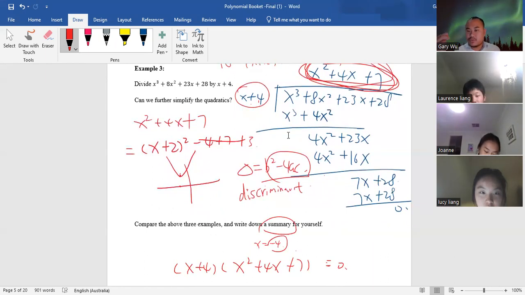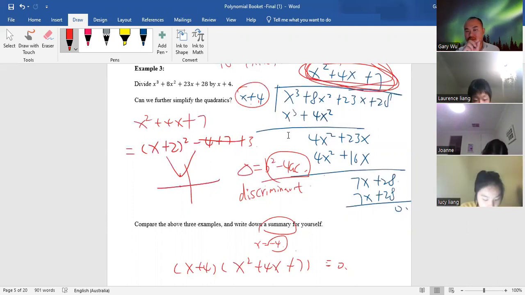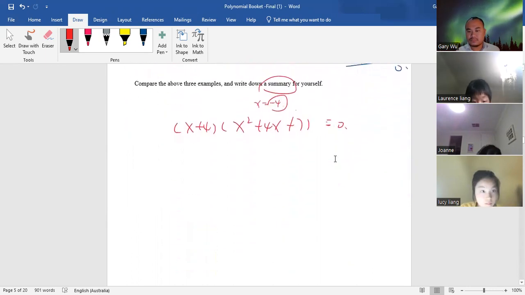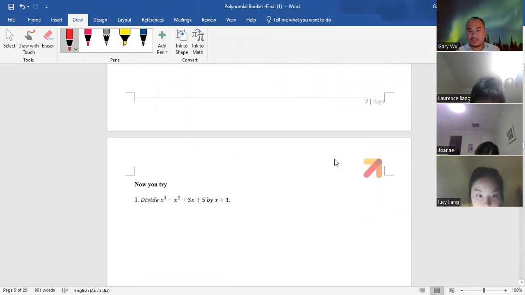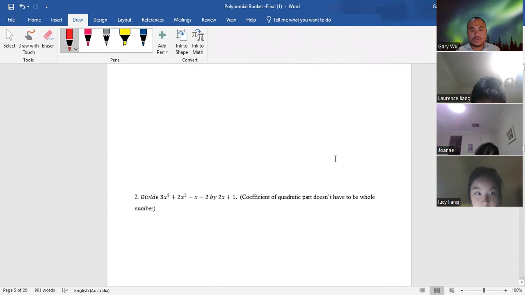When there's a polynomial, the solutions can be 1 solution, 2 solutions, or 3 solutions. There are 3 possibilities there, and we have seen an example for each kind. Does it make sense?